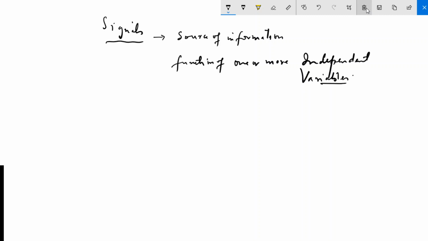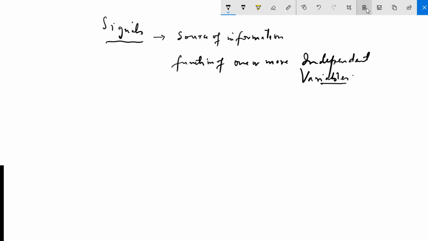Okay, so a signal is nothing but a function of one or more independent variables, and this independent variable can be anything. It can be time, position, height, or temperature. But when we define signals in the electrical or electronics domain, the independent variable is generally time. So you have some voltage or current that is varying with respect to time.